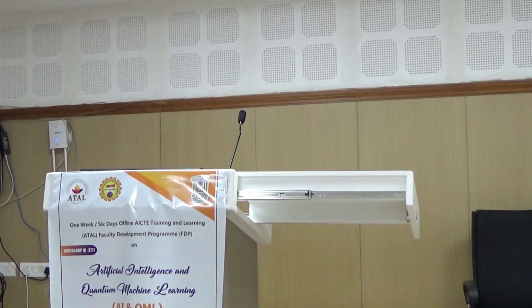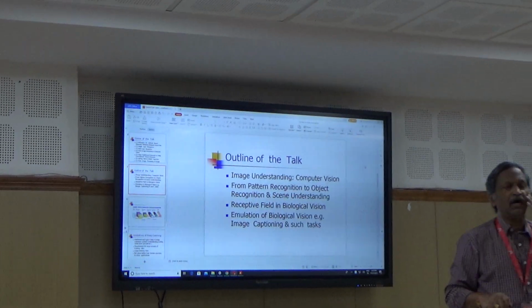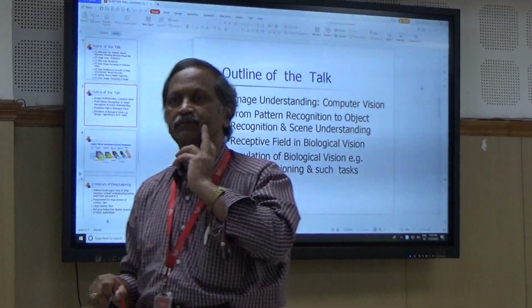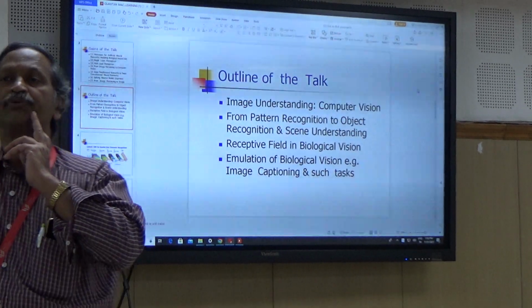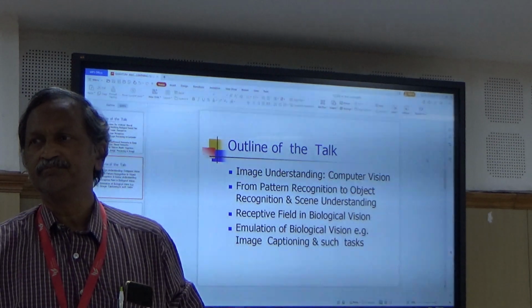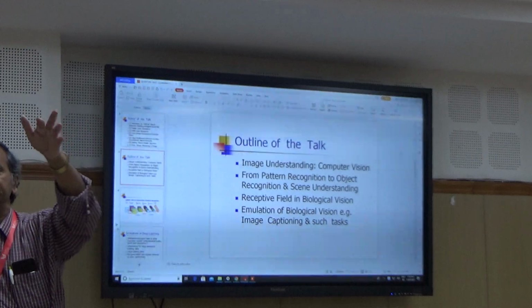Generally, the area of computer vision in the early 1960s or 1970s used to be called image processing. Image processing, where you do edge detection by Canny's method, Sobel method, or some other methods.